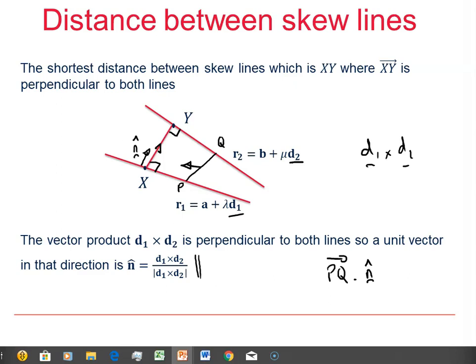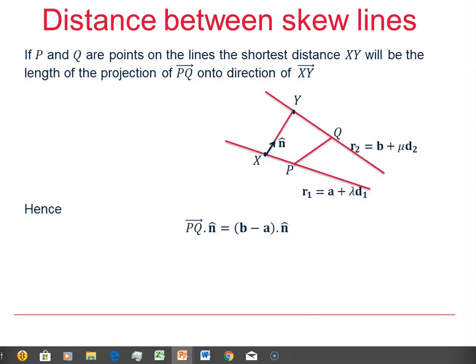But we can get that by using a and b. So in fact PQ could be the vector which is b minus a. And so we get that b minus a dot n hat will give us the length of the line XY. So PQ dot n hat is the same as b minus a dot n hat.